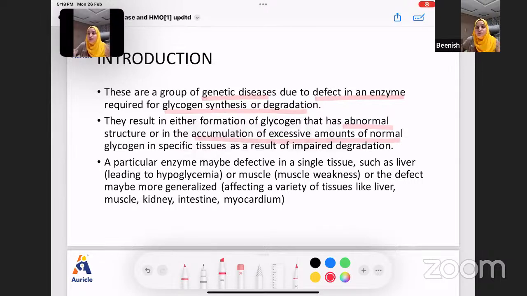That depends upon at what stage and which enzyme is deficient. If the starting enzyme is deficient, then the glycogen that will be accumulating will be normal glycogen. If some enzyme down the pathway is deficient, then an abnormal form of the glycogen will be accumulating. We'll see what it means.